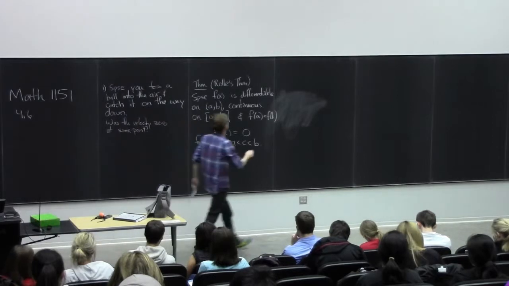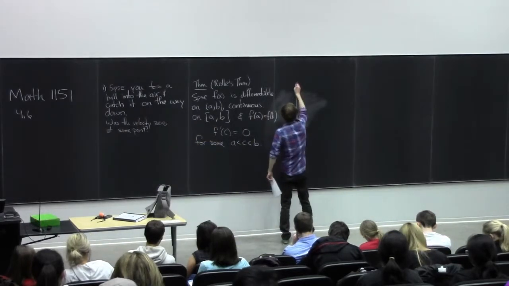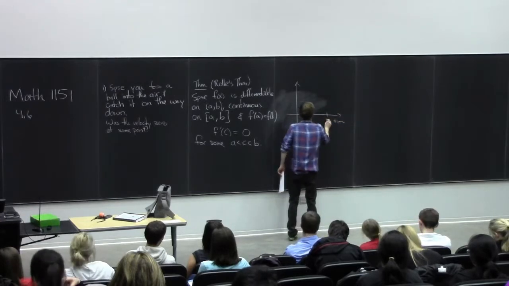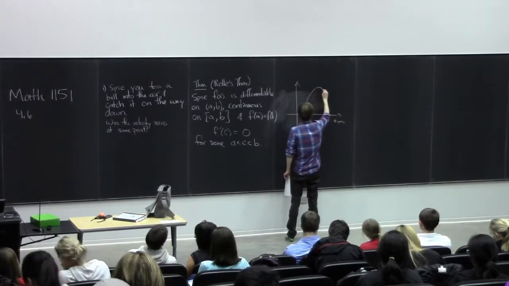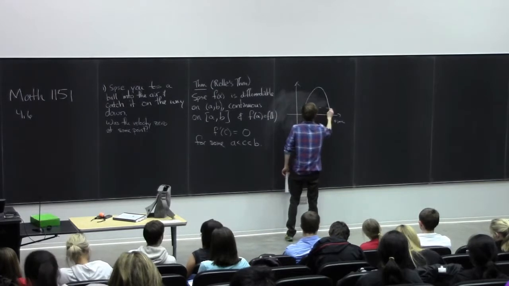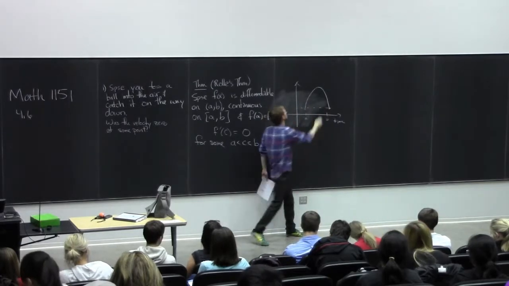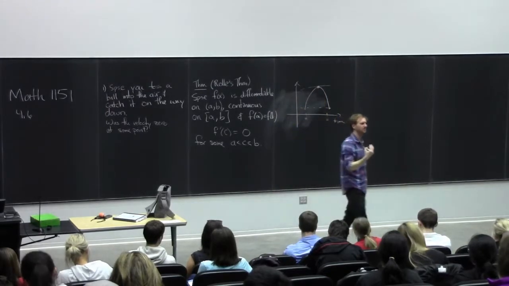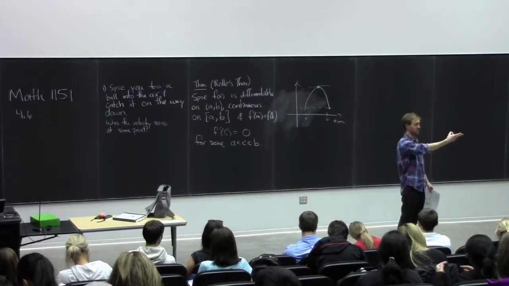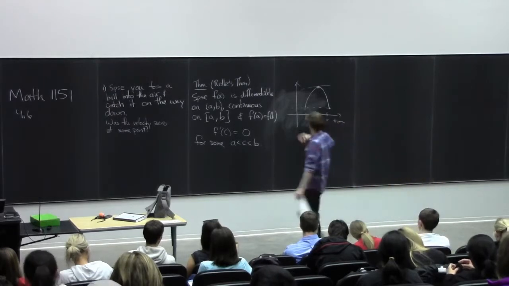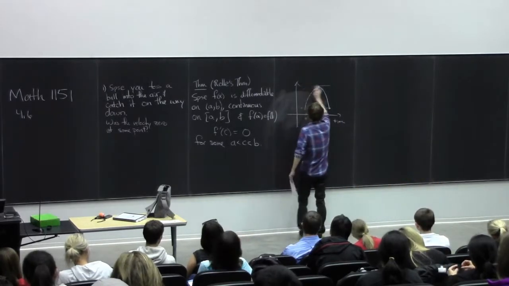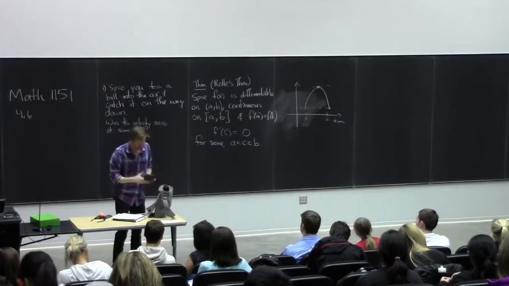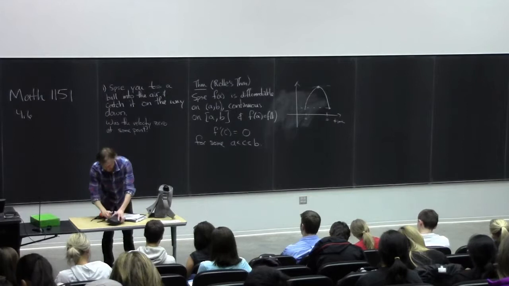And so if we plot the ball's height against time, here's time A and B, and when we toss it and catch it, they're at the same value. There was some point where the velocity, which corresponds to the first derivative, was 0. Oh, look at my tangent line. This is the worst horizontal tangent line ever drawn in a calculus course.